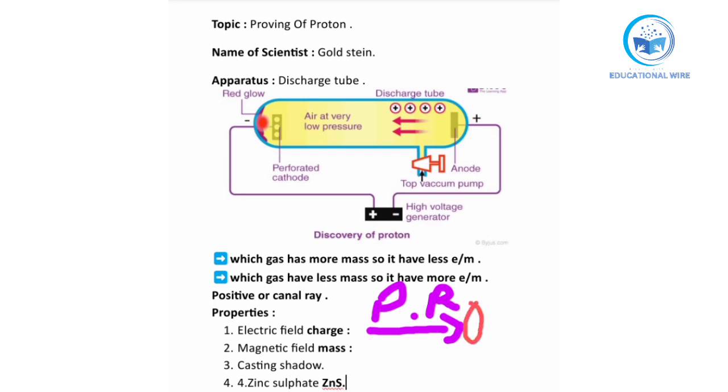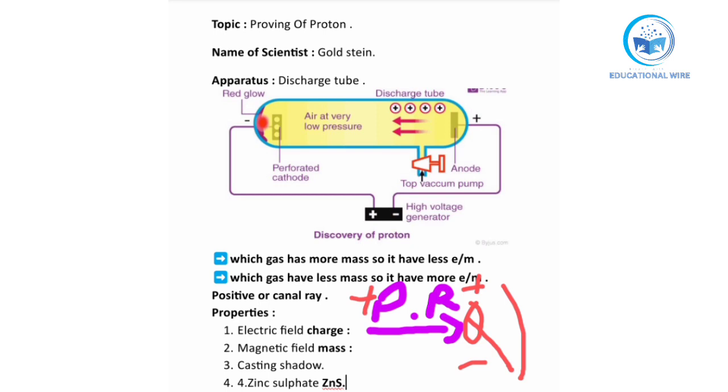Here we have a magnetic field. This is positive, this is negative. As the positive ray has a positive charge, it moves to the negative side. So this is the process of the electric field.